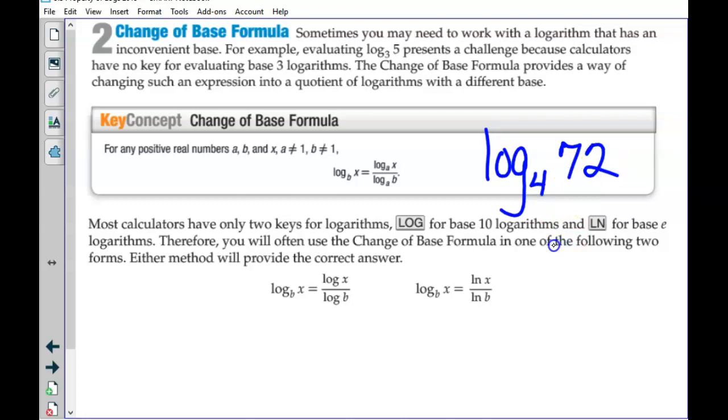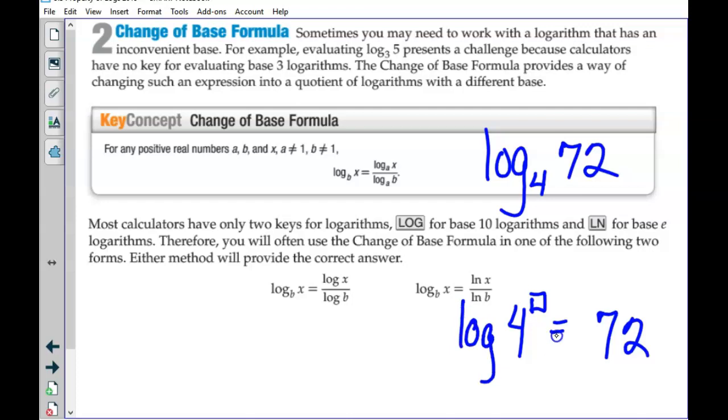It's not nice. The change of base formula comes from, let me show you, and then I'll teach you the little shortcut, okay? It comes from rewriting this as an exponent, 4 to some power equals 72, and then taking a log that you're comfortable with, that your calculator does, of both sides. So do you want to use LOG or LN? LOG? Okay.